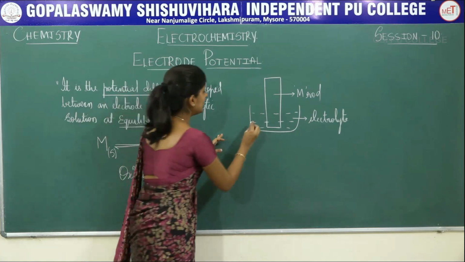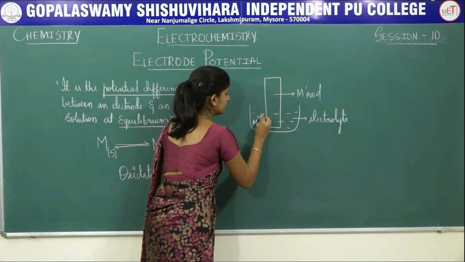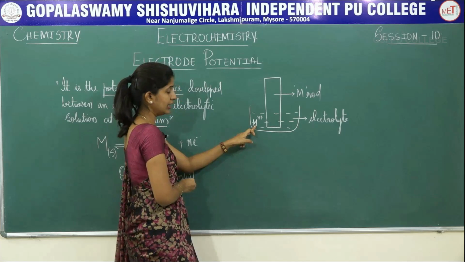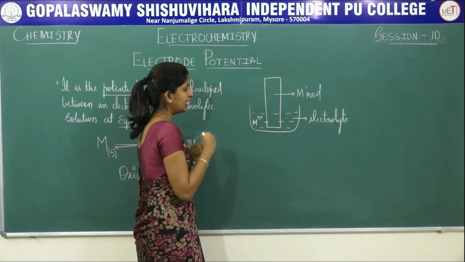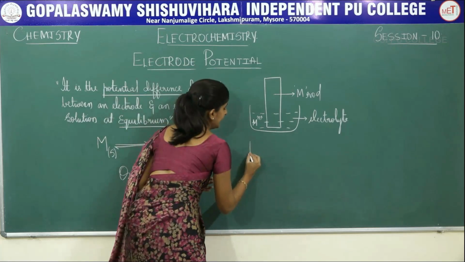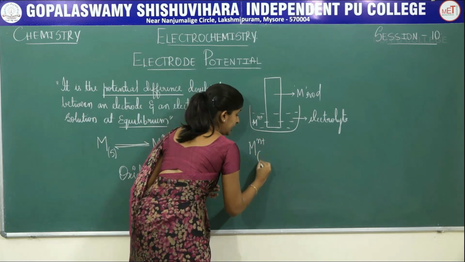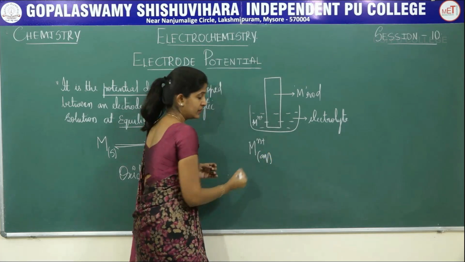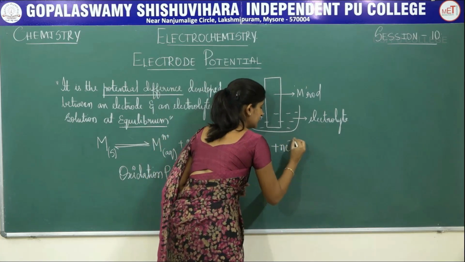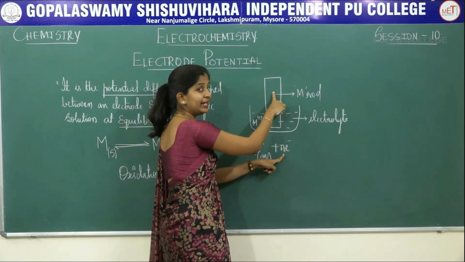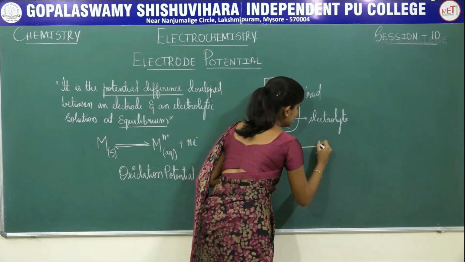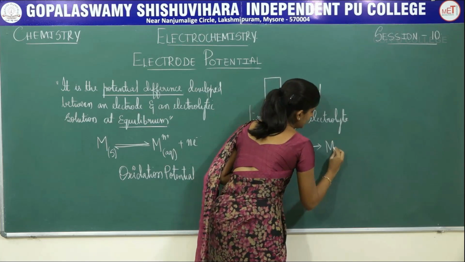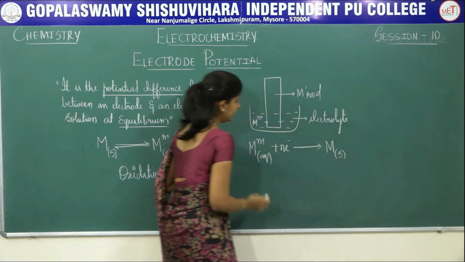That is, the metal ions present in your electrolytic solution grab the electrons from the metal rod, and they get reduced. That is, Mn plus in the electrolytic solution grabs the electrons, which come from your electrode, the metal rod. As a result, they undergo reduction.